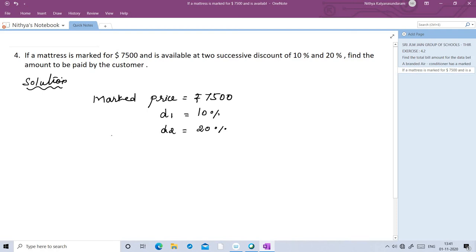The formula is marked price into 100 minus D1% divided by 100.